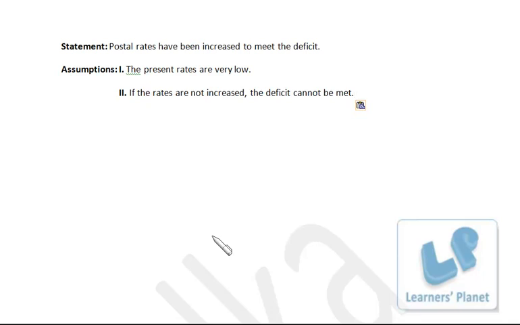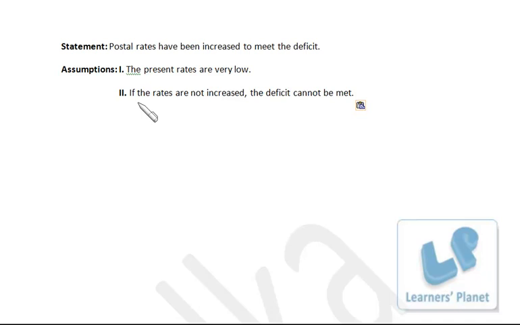So if the price is increased to meet the deficit, we cannot say that the present price of petrol is low. The existing price is a different thing and the loss or the deficit is a different thing. So even if the present rates are not low, still there is a deficit, so postal rates have to be increased. So this assumption is not implicit, not implied.